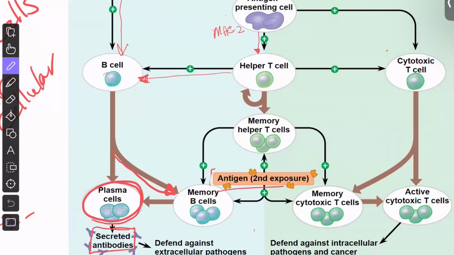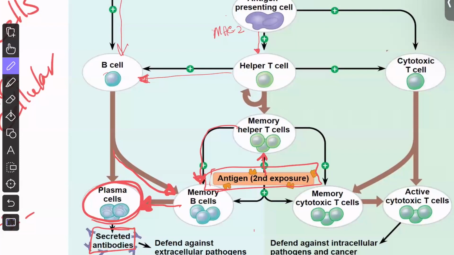If I have a second exposure, same deal, right? I'm going to stimulate my memory helper T cells. They're going to stimulate my memory B cells. My memory B cells are going to create more plasma cells. We're going to generate more antibodies, and those antibodies are going to go out and fight.